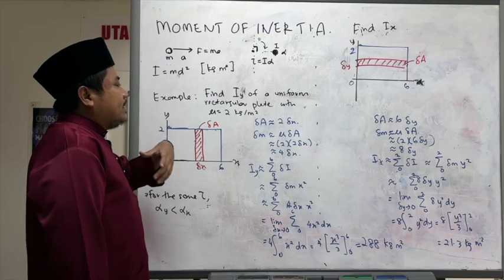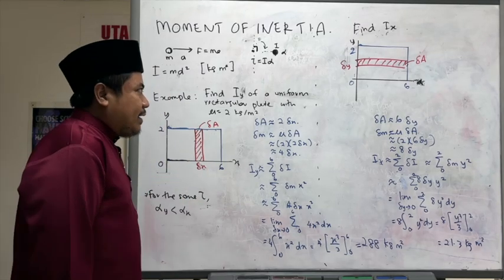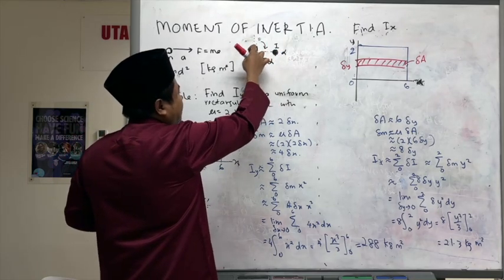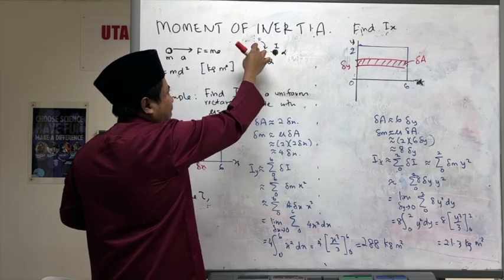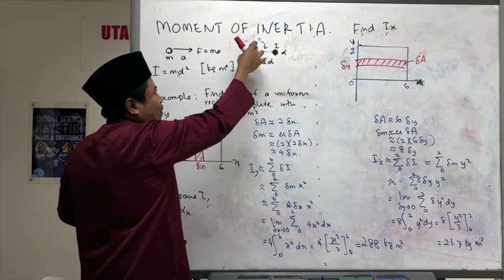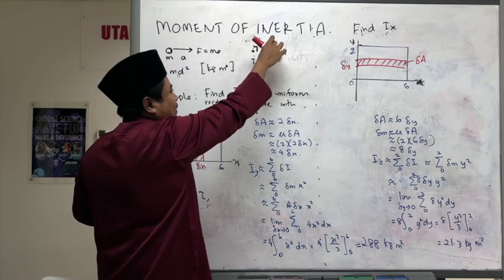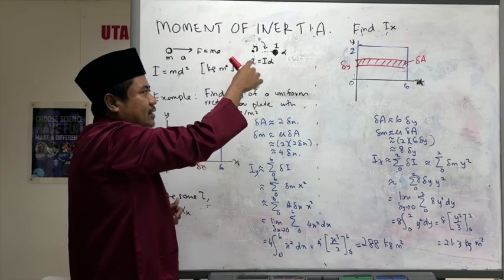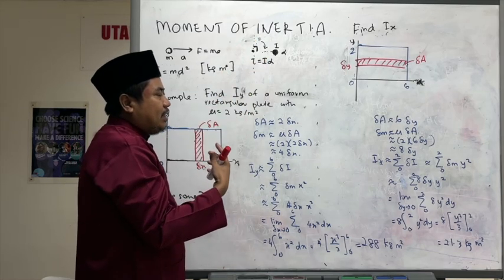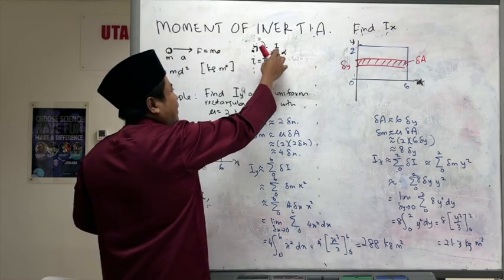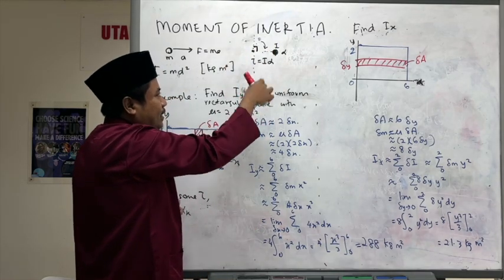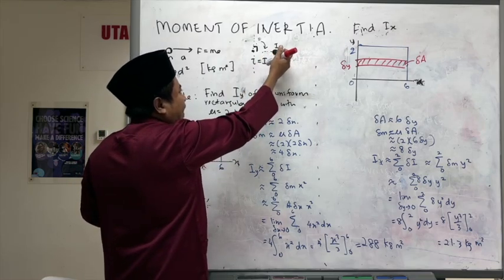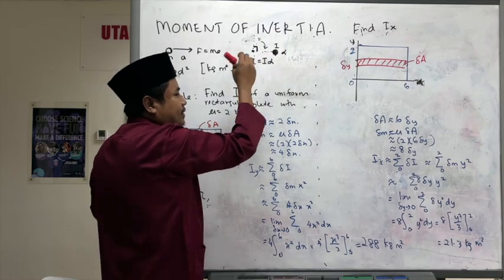Alright, so in rotational mechanics, if you have an object that is rotated around a point, and it has a rotational angular acceleration alpha, accelerating in a circular form, then it experiences torque.